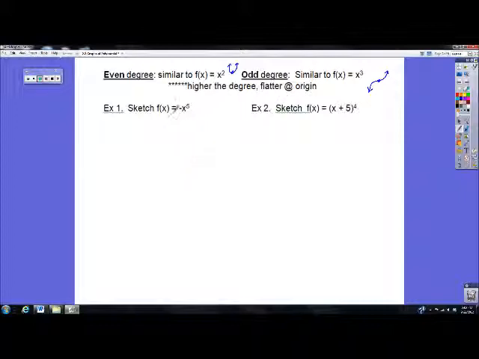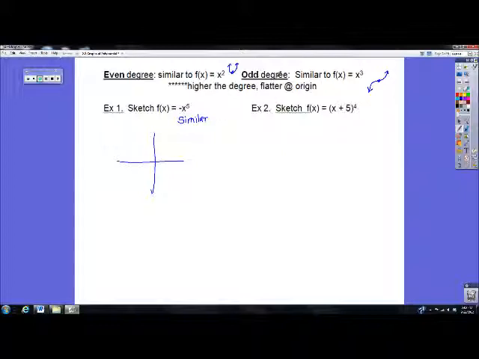So let's sketch the graph of f of x equals negative x to the fifth. Okay, let's get us a graph going on here. We all know what the negative sign does in the front, but since this is an x to the fifth, is it going to be similar to our parabola or similar to our cubic?